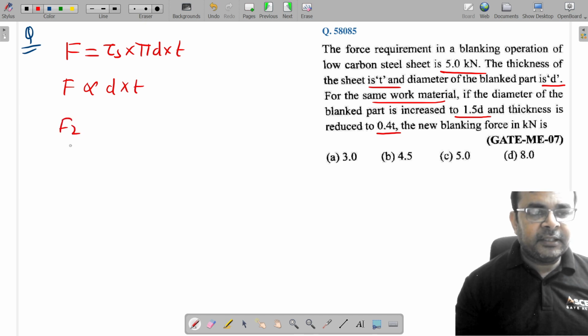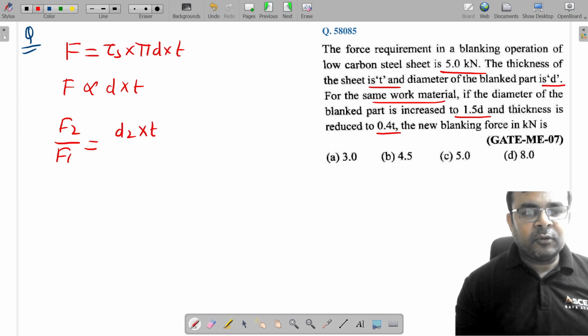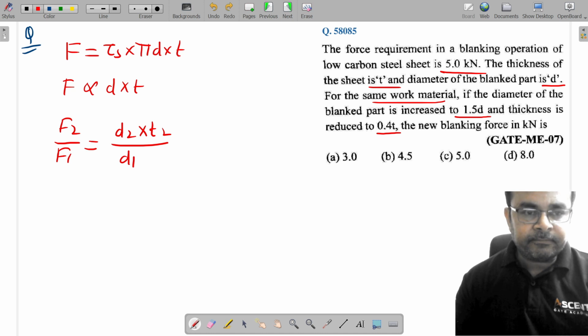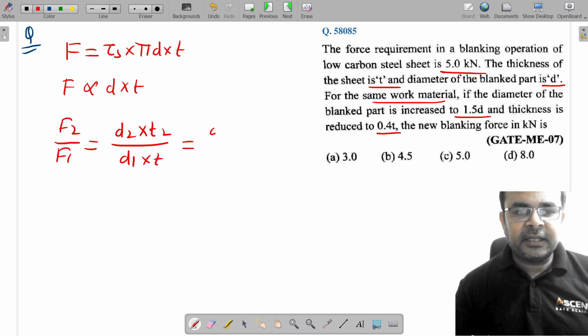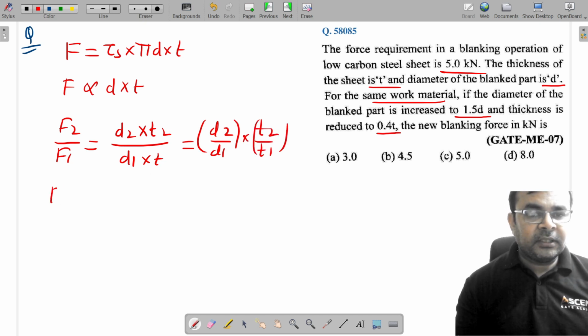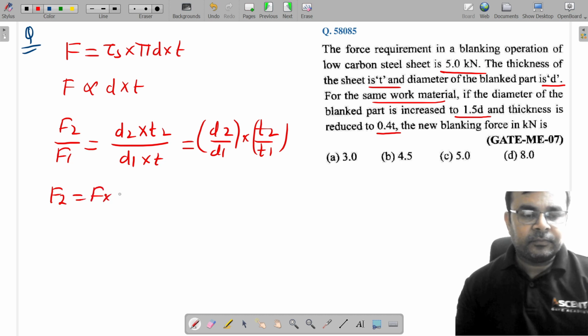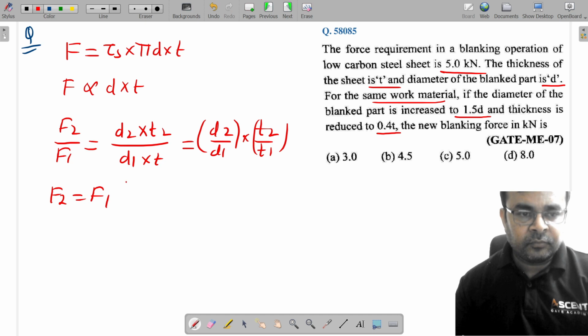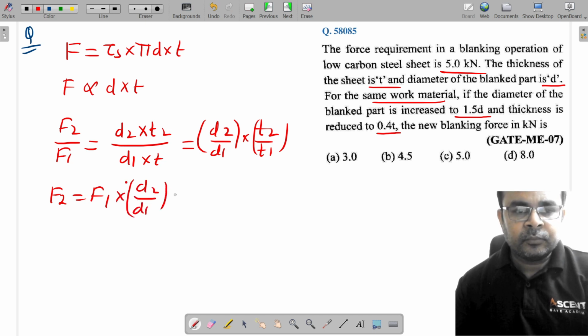So simply, F2 by F1 is equal to D2 into T2 by D1 into T1. So can I write this as D2 by D1 into T2 by T1. So from this, F2 is equal to F1 times D2 by D1 into T2 by T1.